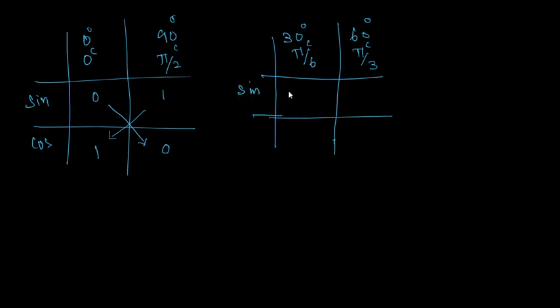Sine pi by 6, that is 30 degree, is 1 by 2, and cos 30 degree, that is cos pi by 6 radian, is root 3 by 2. So just put the diagonal like this. So this is 1 by 2 and this is root 3 by 2. Okay.